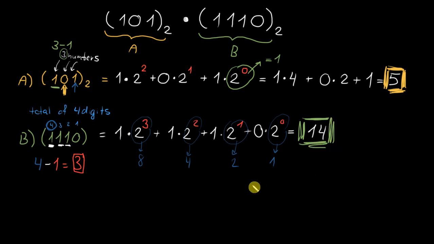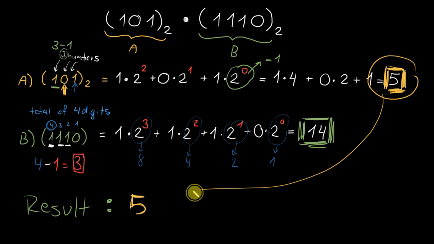Now, don't forget that our problem is A times B. So the result of the problem is A times B. We substitute our results, so we have 5 from here multiplied by 14, which is here. 5 times 14, I believe, is 70, because 50 plus 20 is 70.